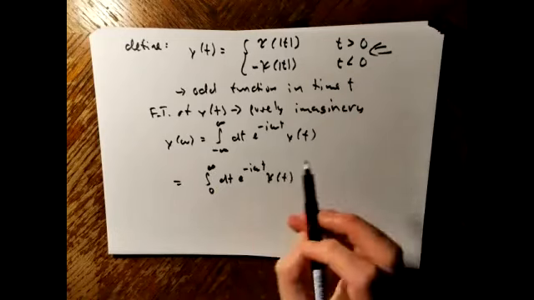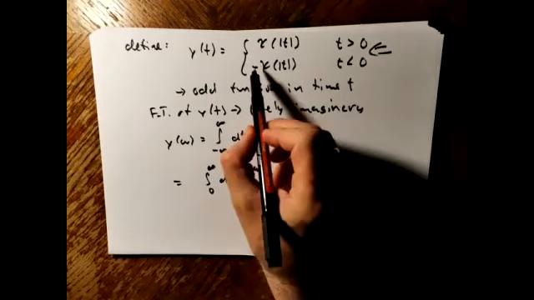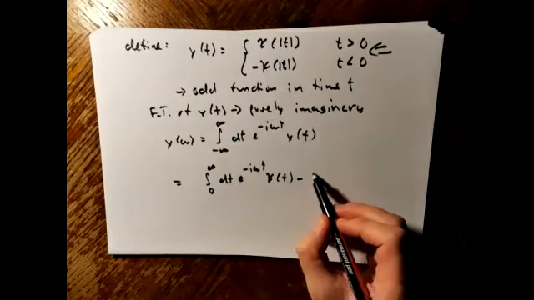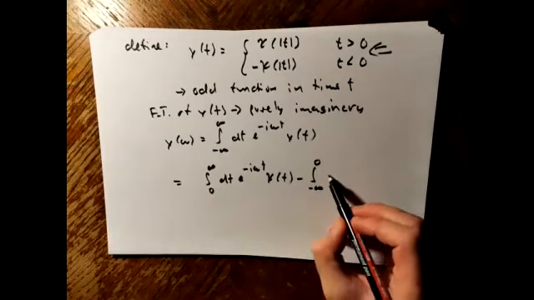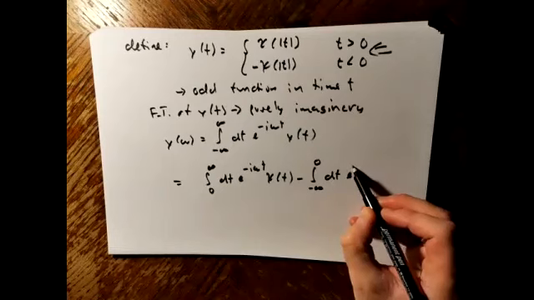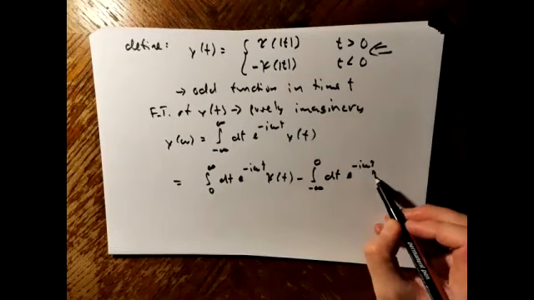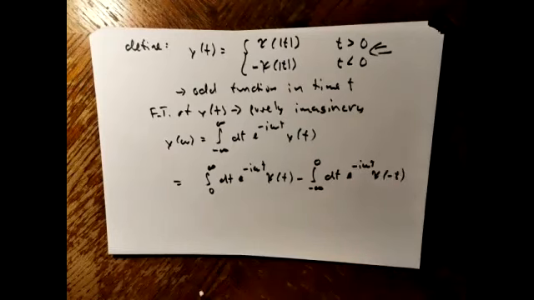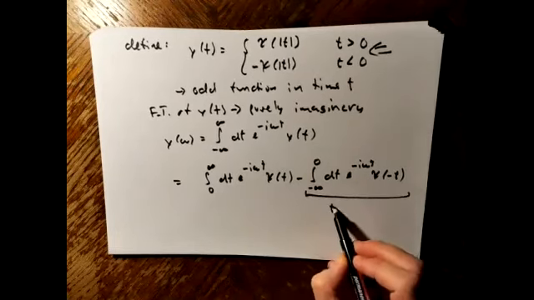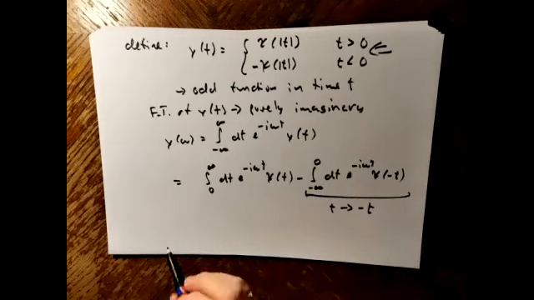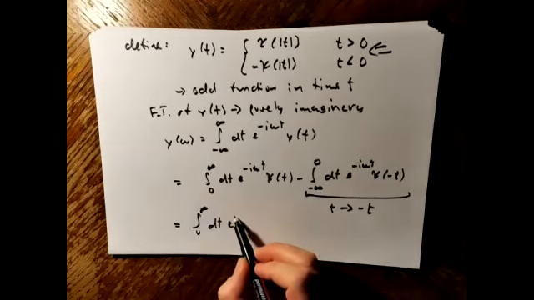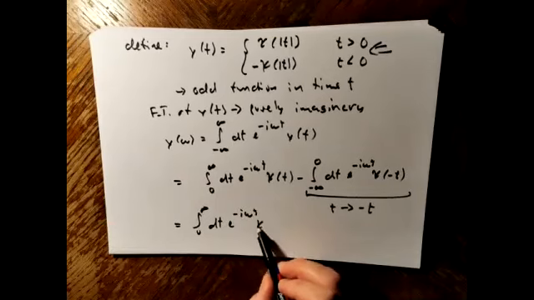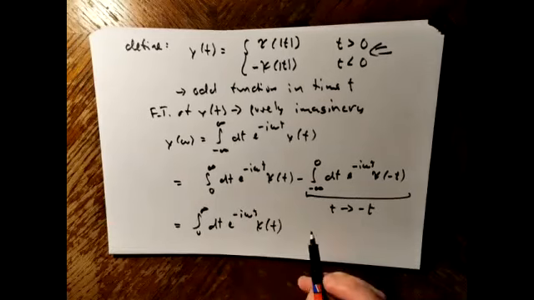And then my second piece, here's a minus sign, so I'm going to put that minus sign there, integral from minus infinity to 0 dt e to the minus I omega t chi of minus t. Then in this piece, I'm going to send t to minus t, and I get integral from 0 to infinity dt e to the minus I omega t chi of t.